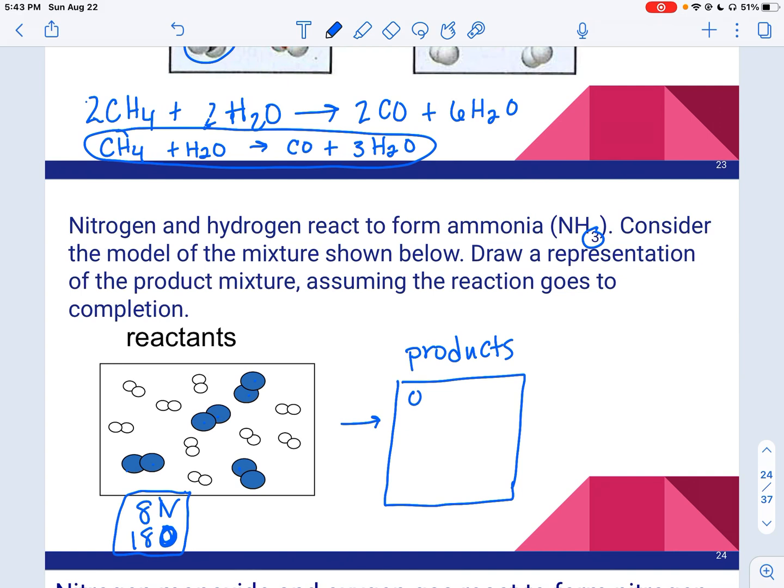So if I did 1 ammonia with 3 hydrogens, and that should be bonded, another one, so I'm going to make as many NH3s as I can. Just pretend that's bonded.